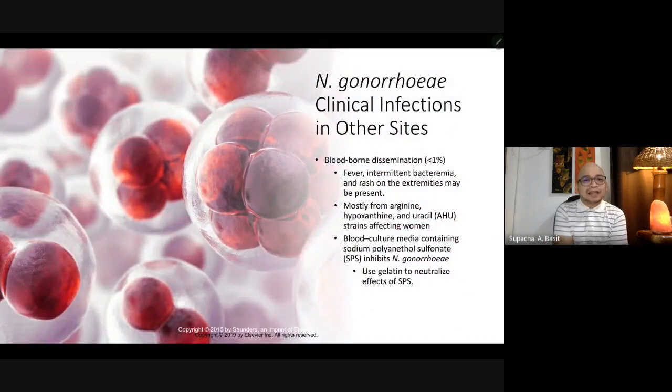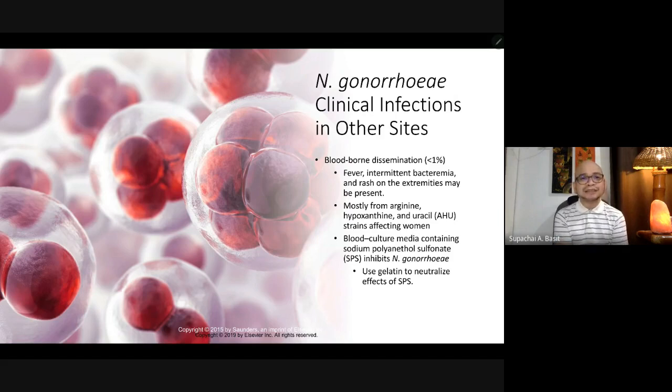Okay, so there are also other sites of clinical infections for Neisseria gonorrhoeae. So one of them is blood-borne dissemination. Meaning to say, gonorrhea becomes disseminated in our circulatory system.